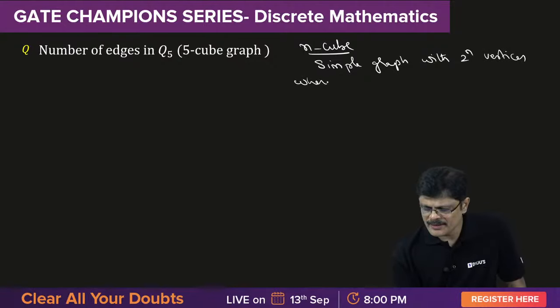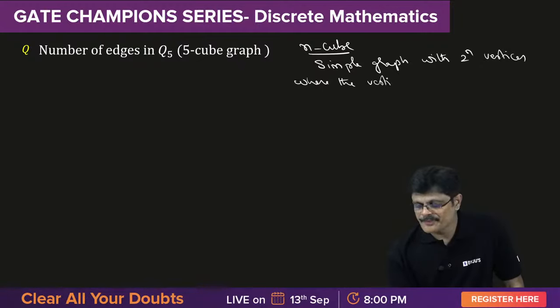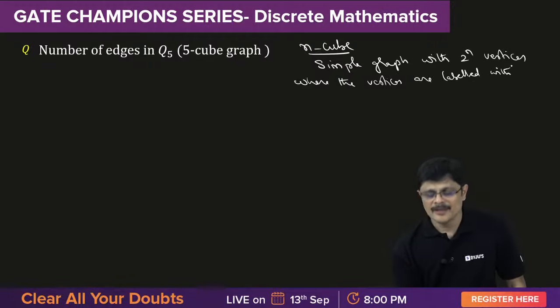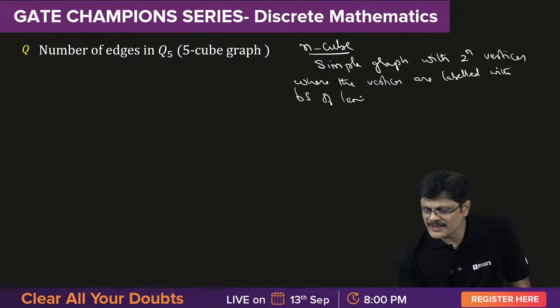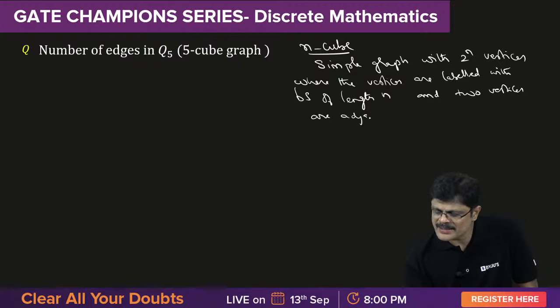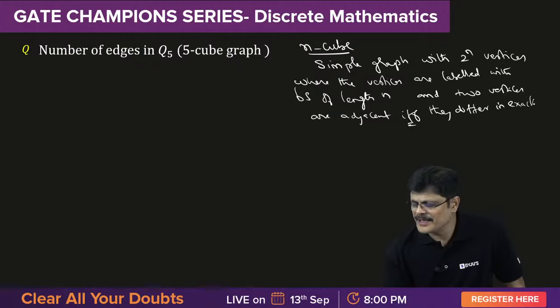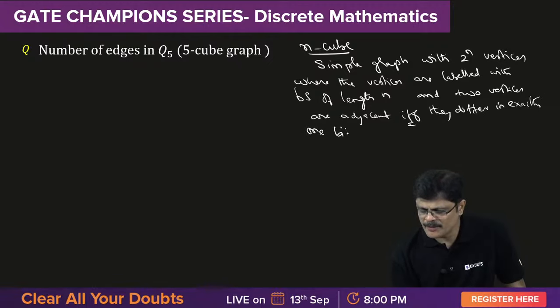where the vertices are labeled with binary strings of length n, and two vertices are adjacent if and only if they differ in exactly 1 bit position.